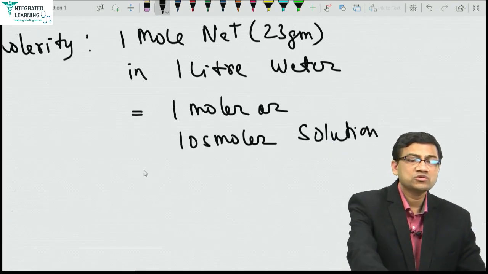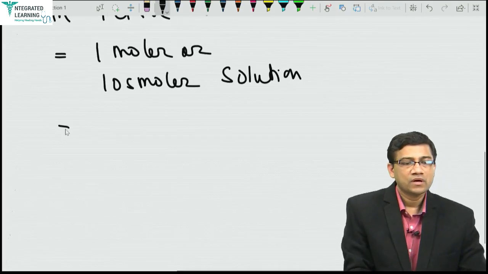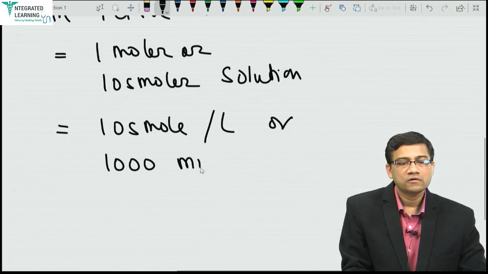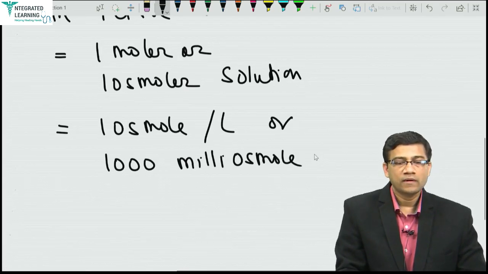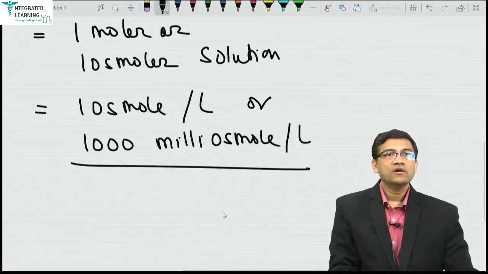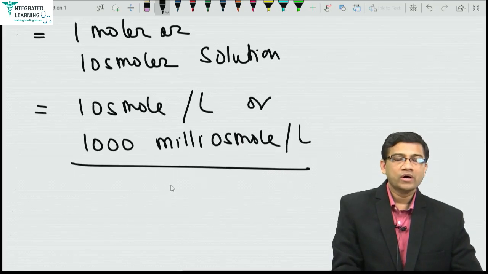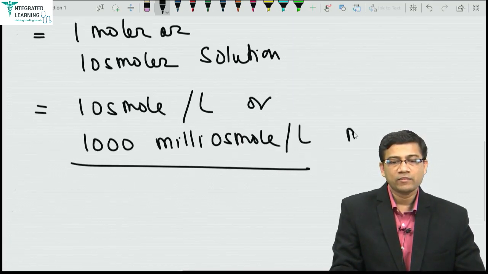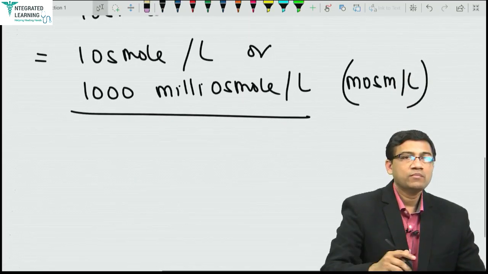We can write it also as 1 osmol per liter or 1000 milliosmol per liter. So we can write it as either 1 osmol per liter or 1000 milliosmoles per liter. Okay, short form is mosmol.